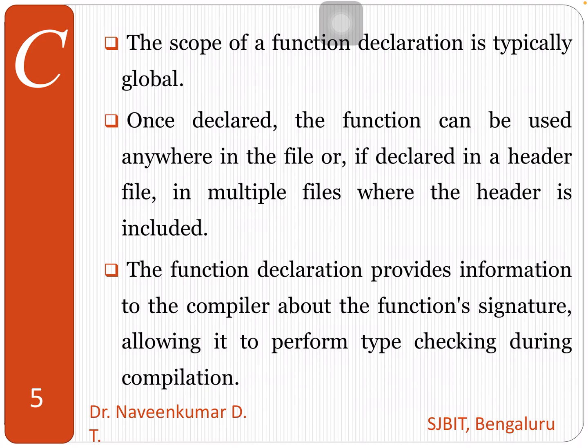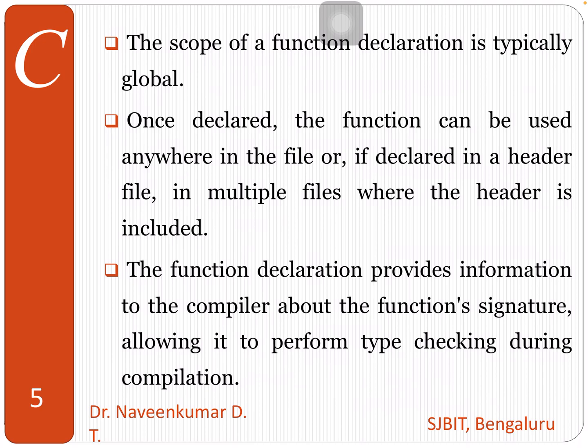Once declared, the function can be used anywhere in the file as I told earlier, or if it is declared in a header file, it can be used even within multiple different files if we include that header.